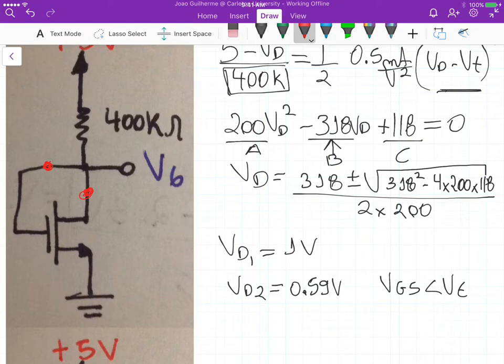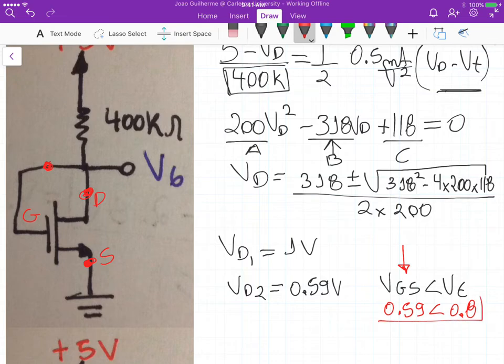So if we pick VD2 equals 0.59, that's VG also, right? Here's the source, here's the drain, here's the gate. Now the voltage at the source is 0. So this VGS term gives us VG minus 0, which should be greater than VT. And it actually gives us that 0.59 is less than 0.8.